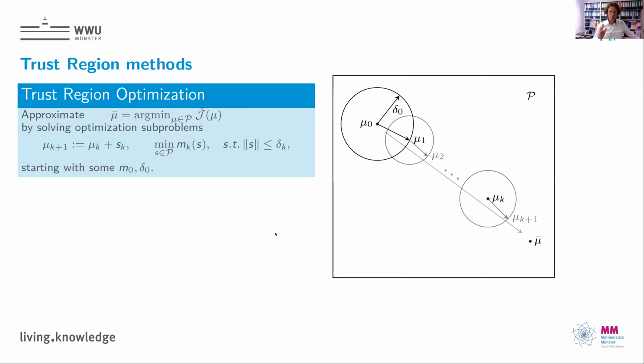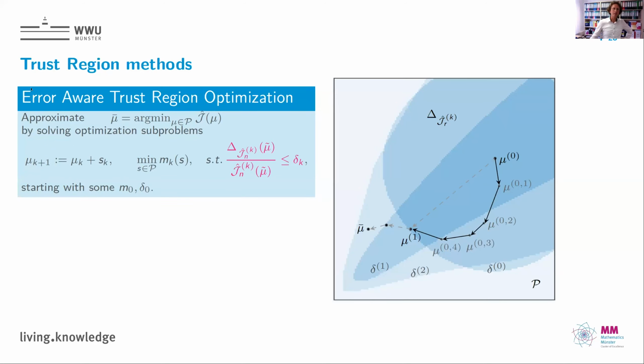And I show you now how this paradigm of trust region can be transformed to an error-aware trust region. So the error-aware trust region replaces that you solve the local problems in such an area of radius delta by solving this local problem in a region where actually the relative error of your problem is smaller than a given tolerance.